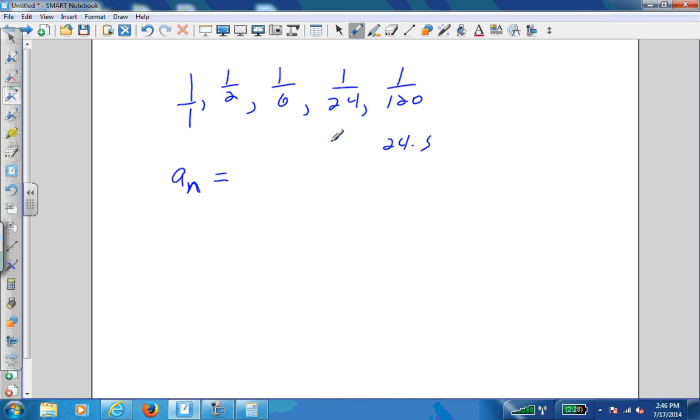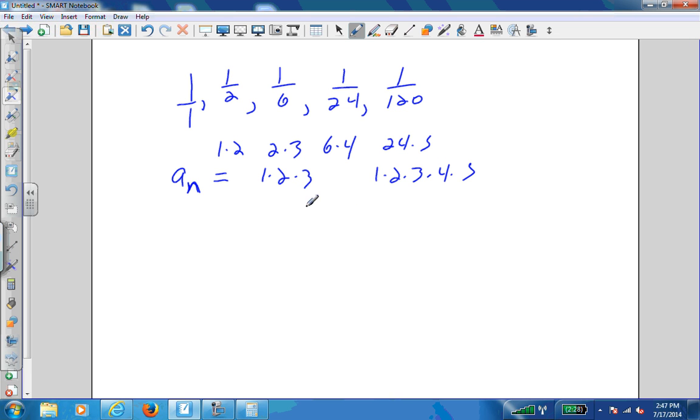This is 6 times 4 on bottom, which 24 is 6 times 4. 6 is 2 times 3. This is 1 times 2. So this is 1 times 2 times 3. This is 1 times 2 times 3 times 4. This is 1 times 2 times 3 times 4 times 5.